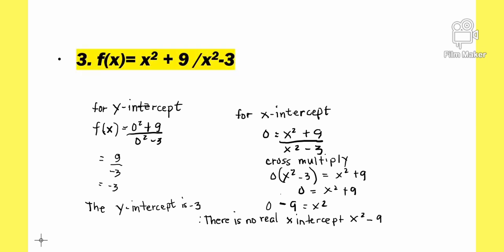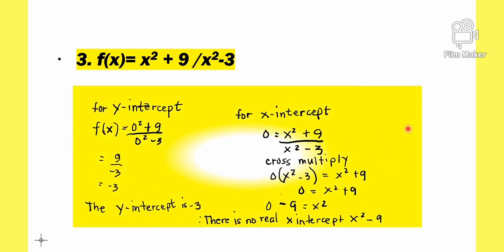Problem number 3. f(x) = (x squared plus 9) divided by (x squared minus 3). In order to get the solution, substitute 0 for x. This is for the y-intercept.